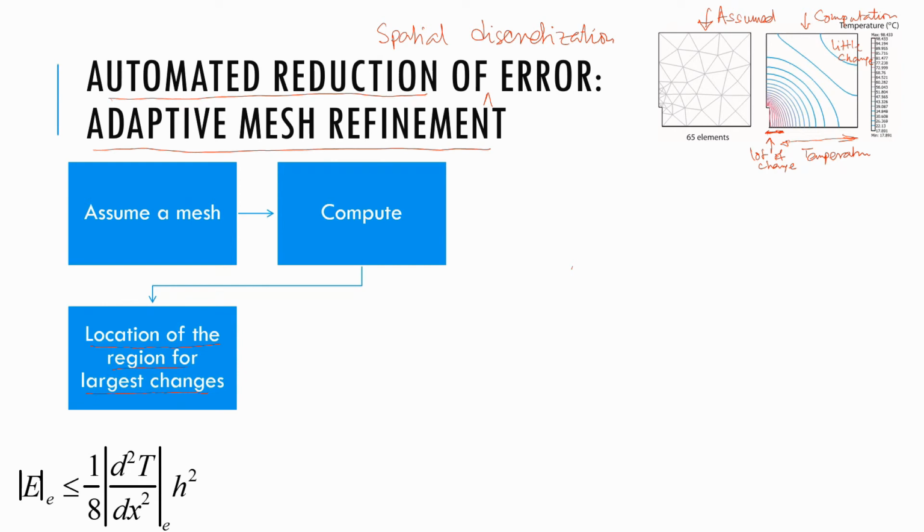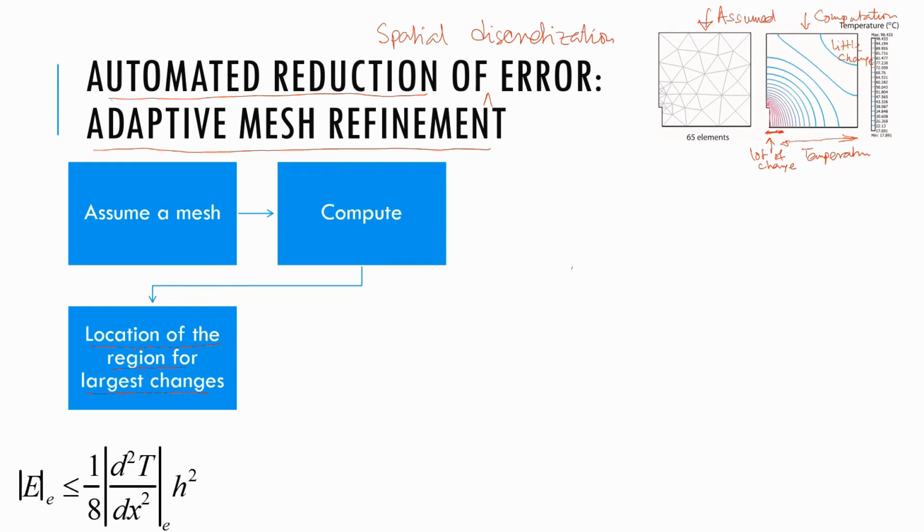We want to have smaller elements to resolve those very rapid spatial changes better.